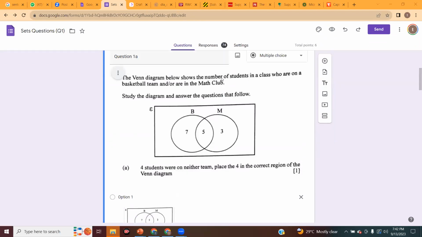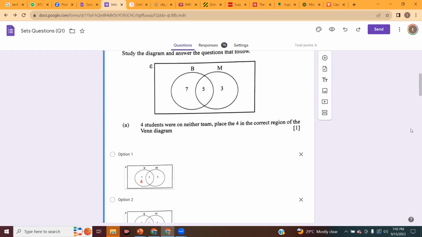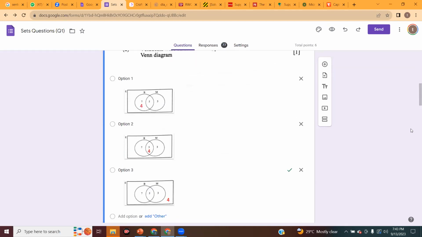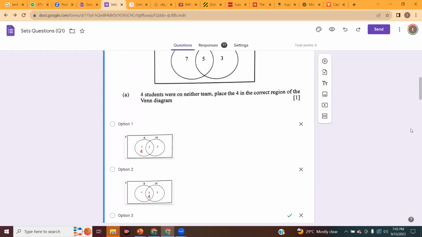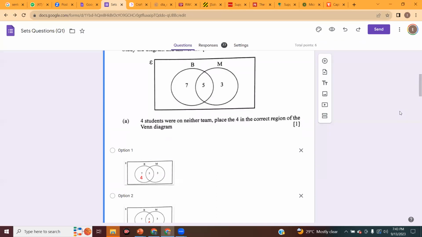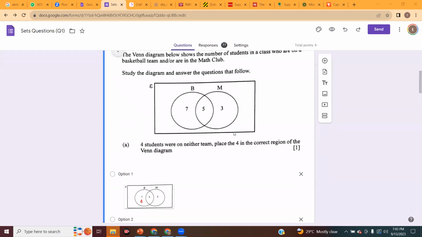Excuse me, Mr. Petit. Go ahead, Katrinique. For number 1, that's a 4, right? It was supposed to be 5. It's saying 4 plus 1, place the correct region of the diagram.